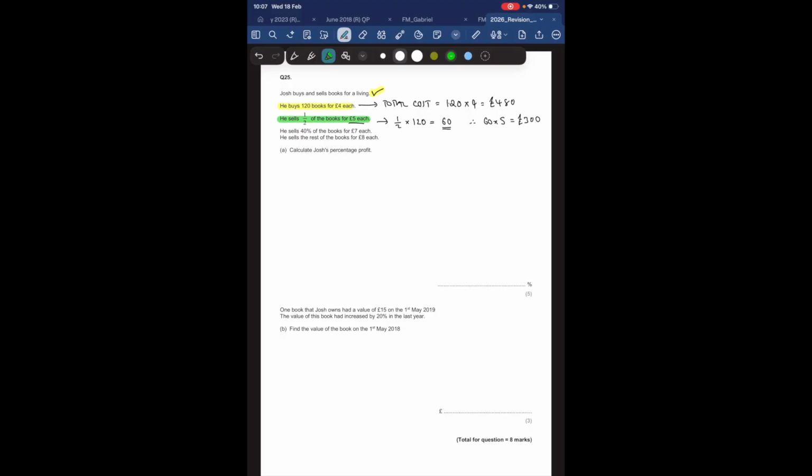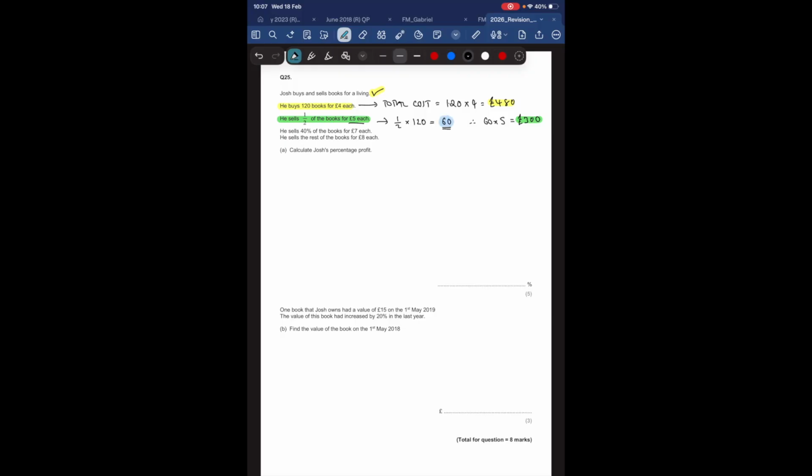So we now know that he's sold part of his inventory of books for £300. He's bought all the books for 480.